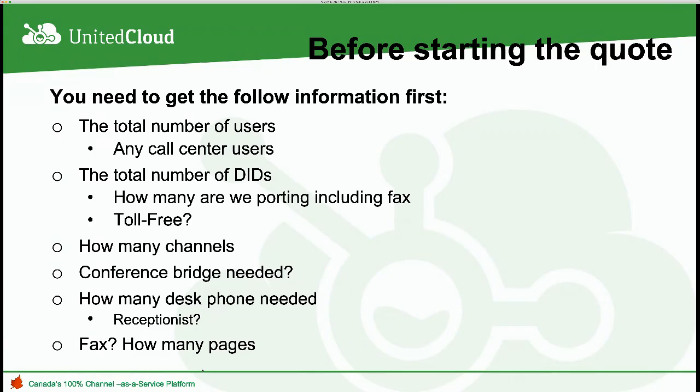It's always ideal to get their most recent existing phone bill to verify that they didn't miss anything during the site survey. Find out how many users they have. Any of those users would like to have call center functionality. Find out the total number of DIDs and how many you're porting, and any of them are toll free.